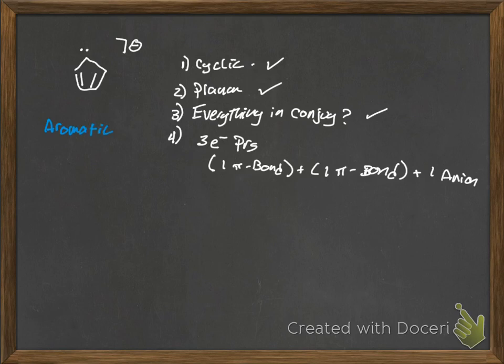Now, to counterpoint to this is the cyclopentadienyl cation. Now, it's going to fill all the same niches that it did up until now, except for 4. It has an even number of electron pairs: 2 from the pi bonds, 2 from the other pi bond, and the cation brings nothing to the party.